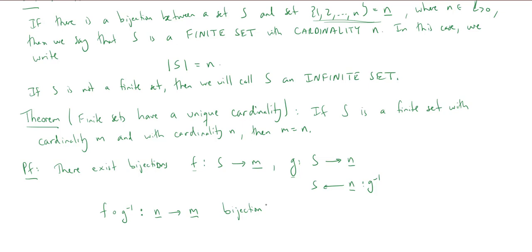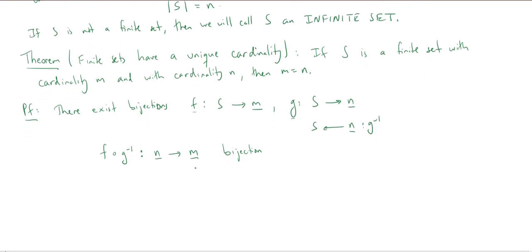Okay, now let's consider the M elements in this set. Because we have a bijection, we know that each element has a unique preimage.